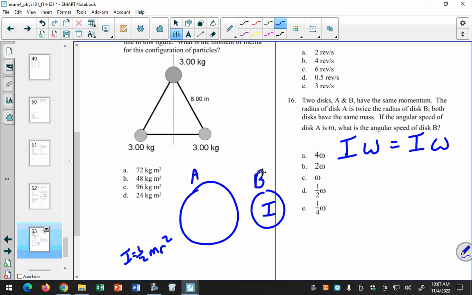It has twice the radius, so it's going to have 4 times the moment of inertia. I'm looking for the angular speed of disk B. Disk B is going to spin faster or slower? Faster. It has a smaller moment of inertia, but the same angular momentum, and it's going to spin faster by a factor of 4.